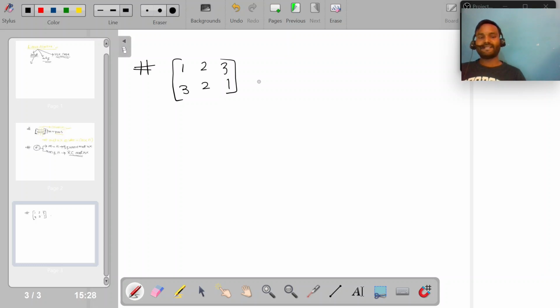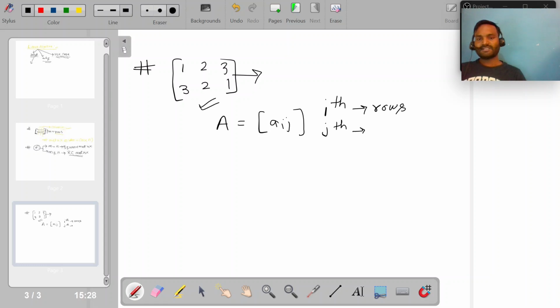How do we write a matrix in simple form? A matrix is represented as a_ij. I stands for the ith row, and j stands for the jth column.